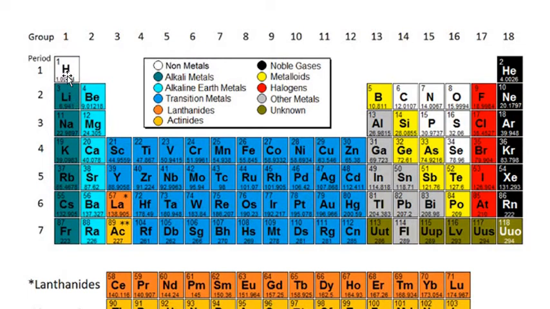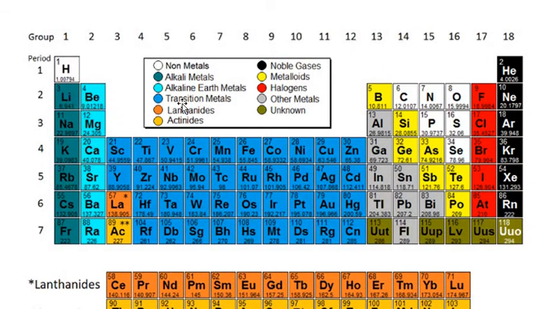Elements here are arranged according to the atomic number. This is hydrogen, the smallest element, with atomic number 1, helium atomic number 2, lithium atomic number 3, beryllium atomic number 4, and so on. Boron, carbon, nitrogen, oxygen, fluorine, neon, and so on.